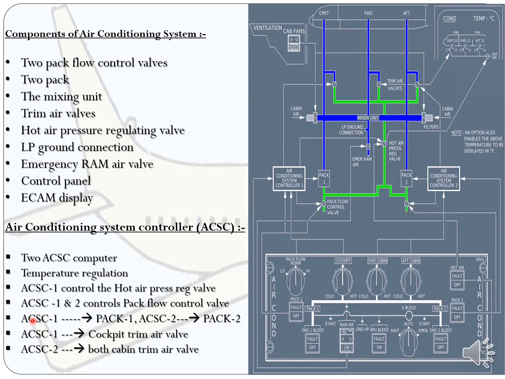Then ACSC 1 controls pack 1 and ACSC 2 controls pack 2. Thereafter ACSC 1 will control only the cockpit trim air valve, and ACSC 2 will control the forward and aft cabin trim air valves.